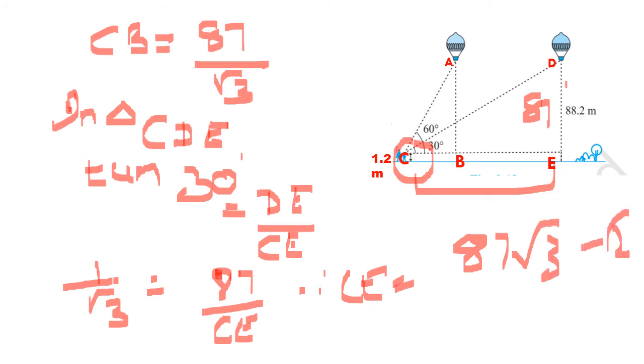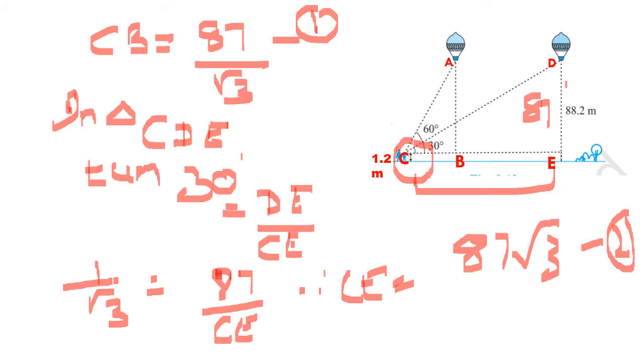And we already had equation 1, 87 upon root 3. Now we will subtract both the values. Now we need BE. So we will subtract CE minus CB.